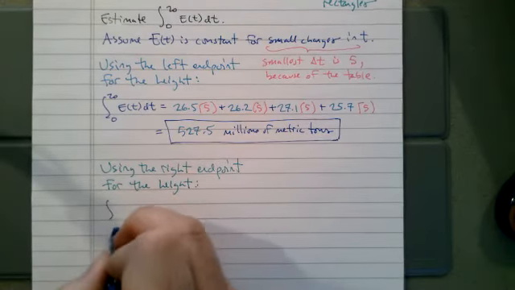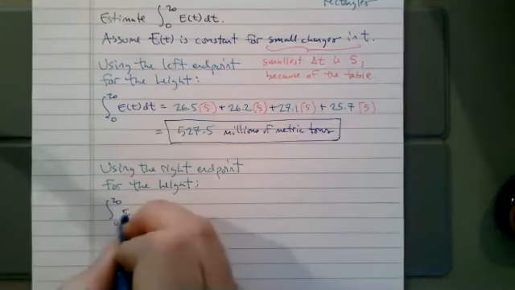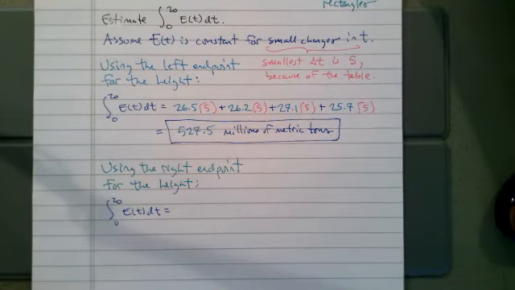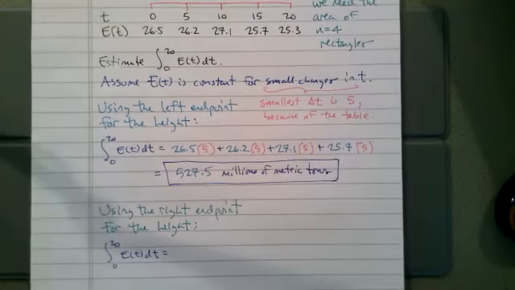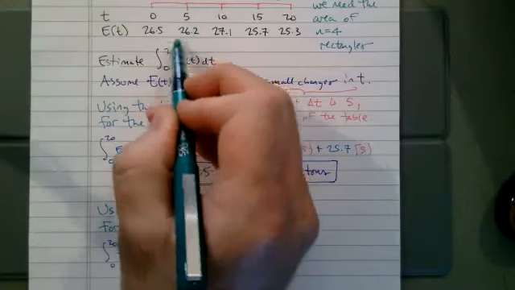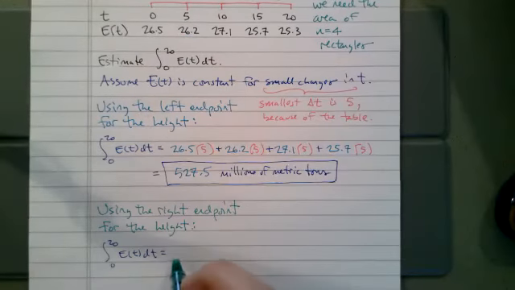I still want to calculate the integral from 0 to 20 of E of t dt. But now for this first rectangle from 0 to 5, I'm going to use the right endpoint, 26.2.